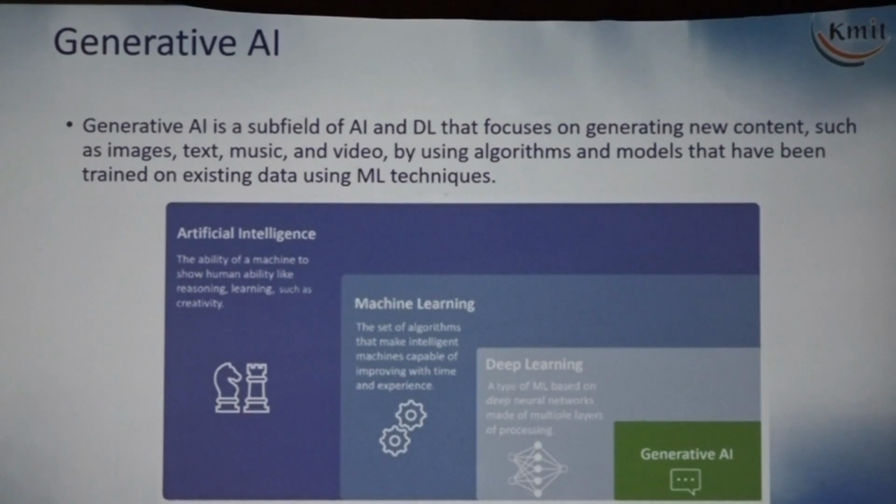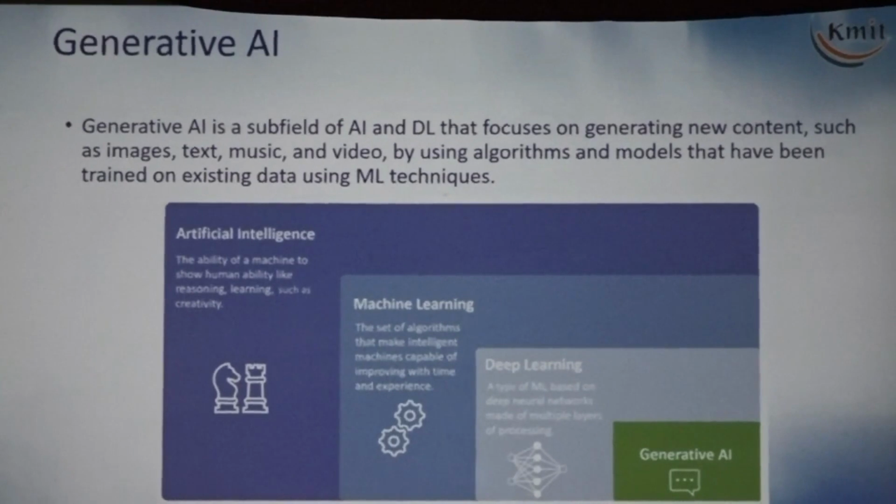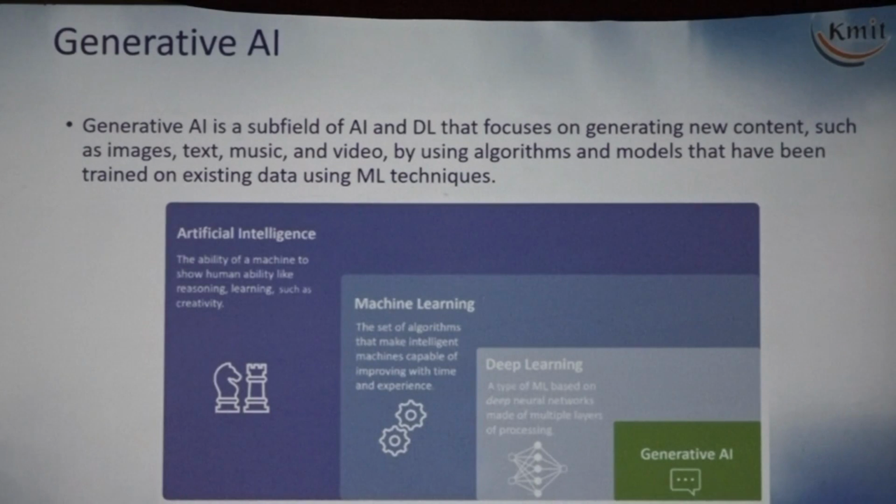Please remember that machine learning is not only part of artificial intelligence, it is part of statistics also. And deep learning is not only part of machine learning or artificial intelligence, it includes so much mathematics, right? In a similar way, generative AI is also related to many other factors.